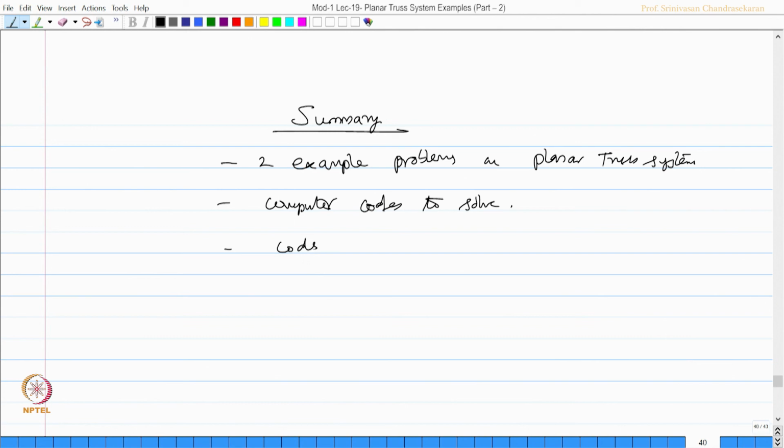Codes are explained to prepare the input data for the program. The results are then interpreted.